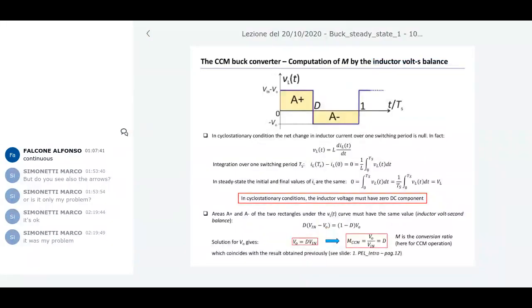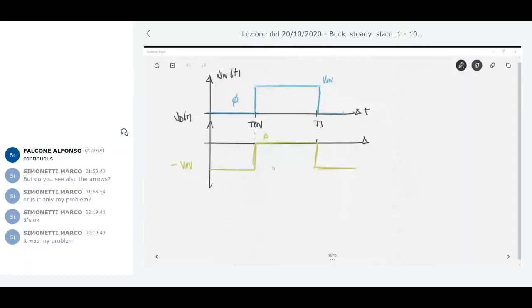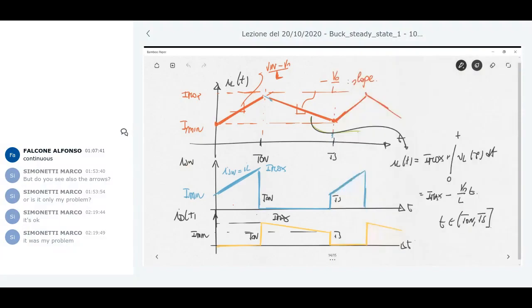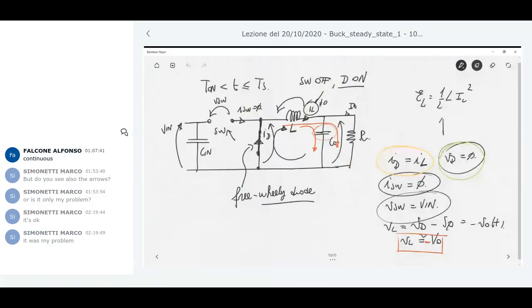So let me now share the whiteboard again to discuss another waveform in the circuit which is not yet described: the inductor voltage waveform. We derived it for the current. I derived, for example, that the voltage VL is negative V naught in T-off, or V in minus V naught for T-on.